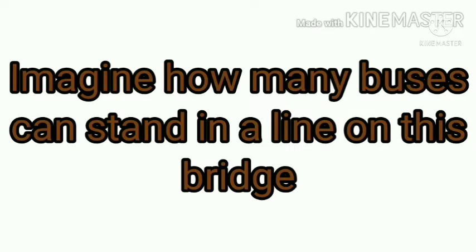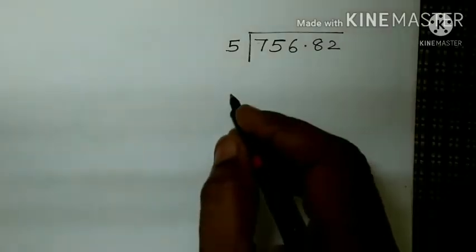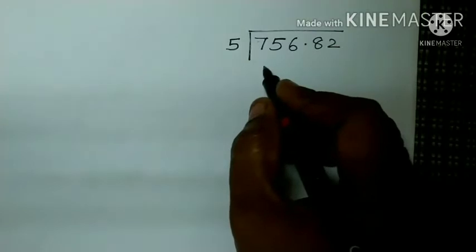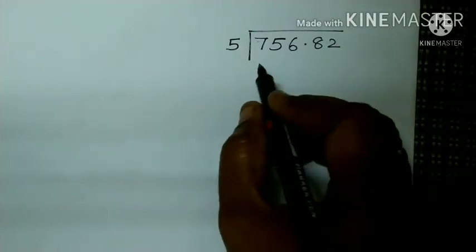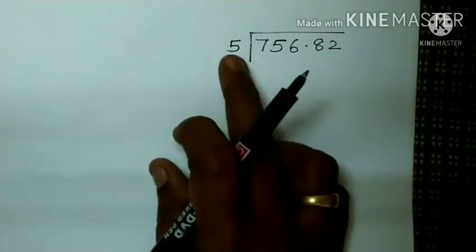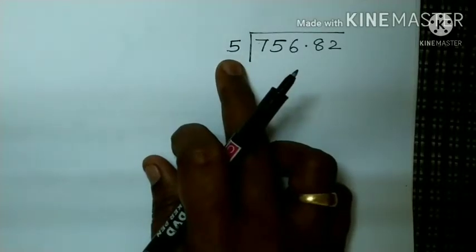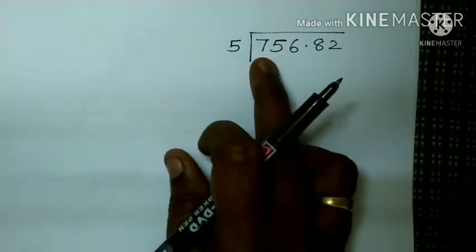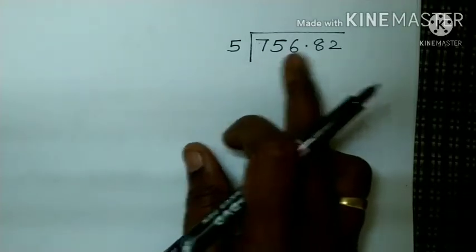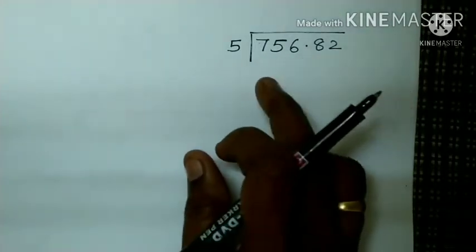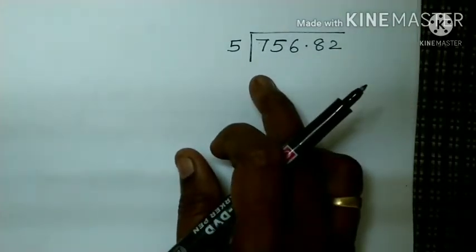So look at the calculation, how we can find out. Okay. How many buses we need to cover the distance? So here distance of one bus is equal to 5 meter and the total distance of the bridge is 756.82. So here we have to find out the number of buses.